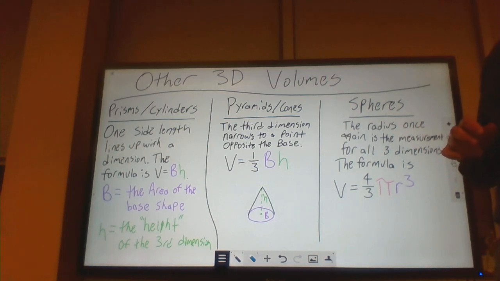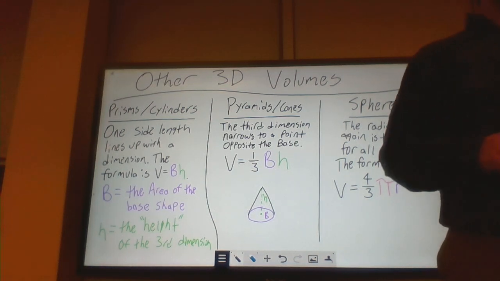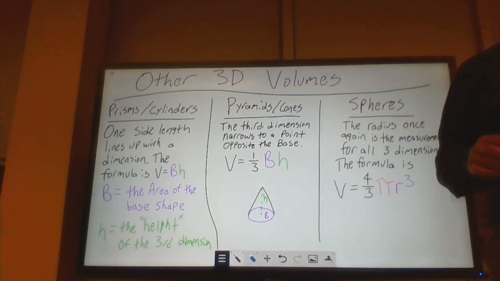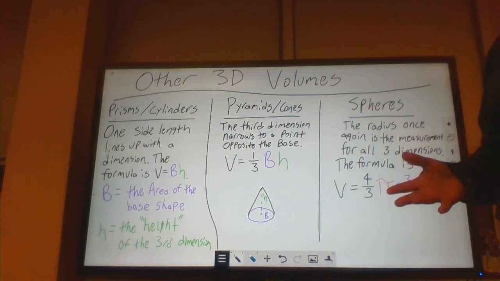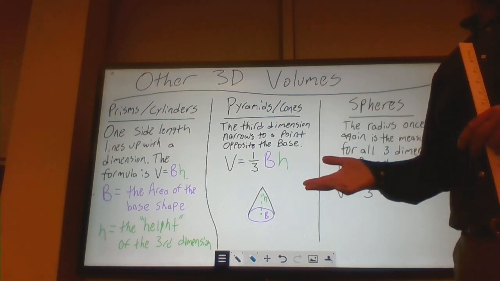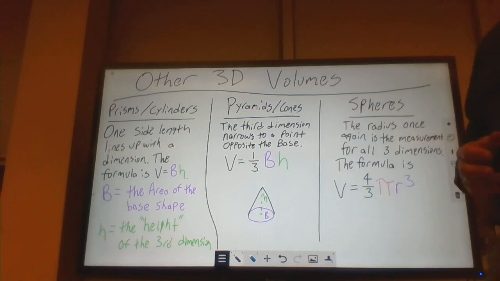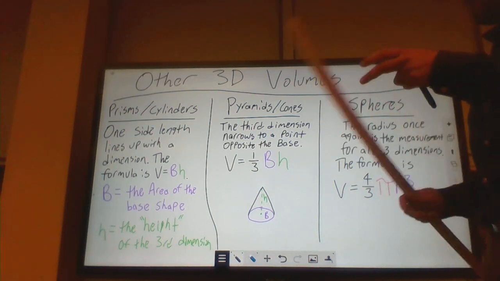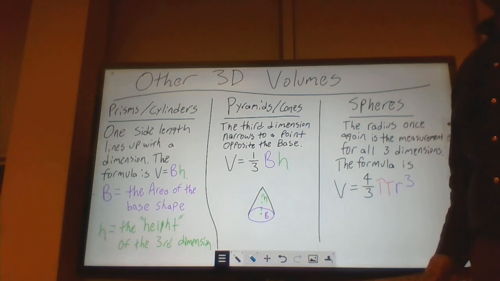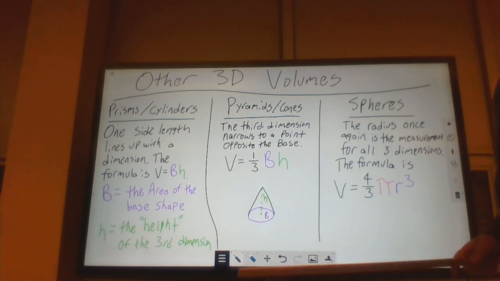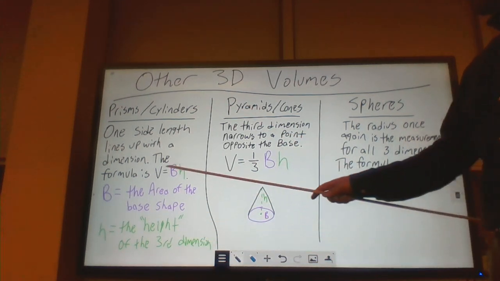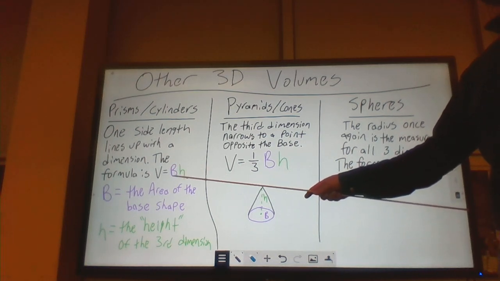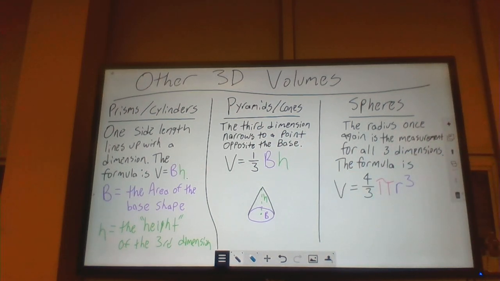And this works for any cylinder. It works for a triangular prism, a hexagonal prism, a pentagonal prism, any prism. As long as you can get the area of its base shape, which I already told you you can, then you simply multiply it by the height. V equals B, capital B times H, and it's simple multiplication.